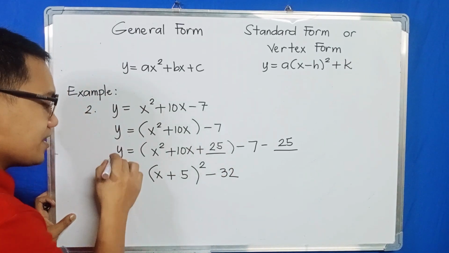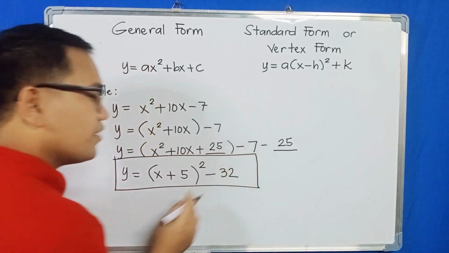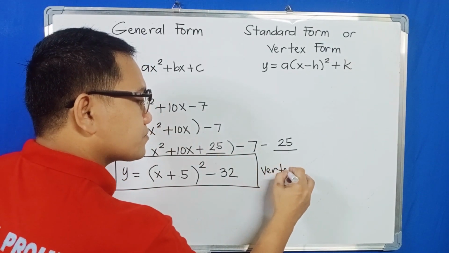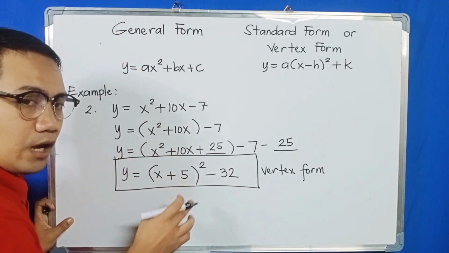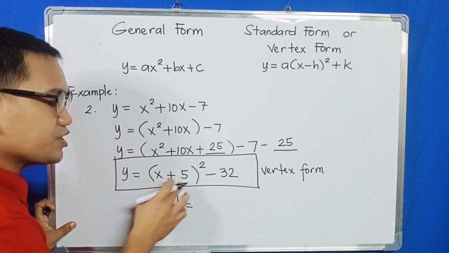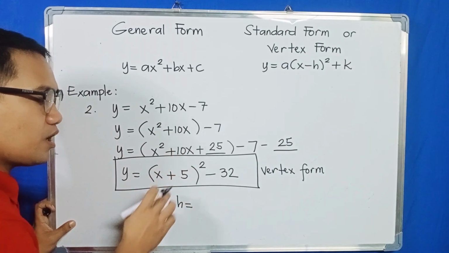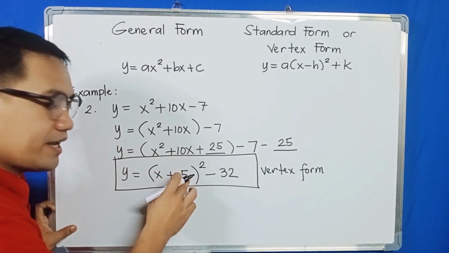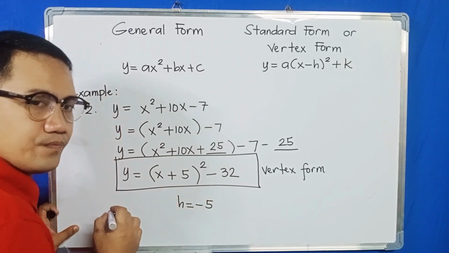In this case, this is considered as the vertex form of a quadratic function. So, this would be our vertex form. And to identify our h, we will get the inverse sign of the constant inside our square of a binomial. Because we have here plus 5, it follows that our h is negative 5.